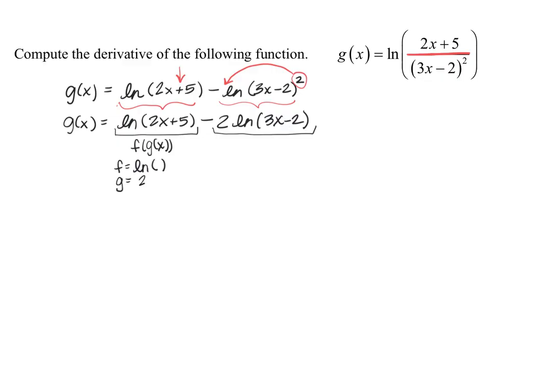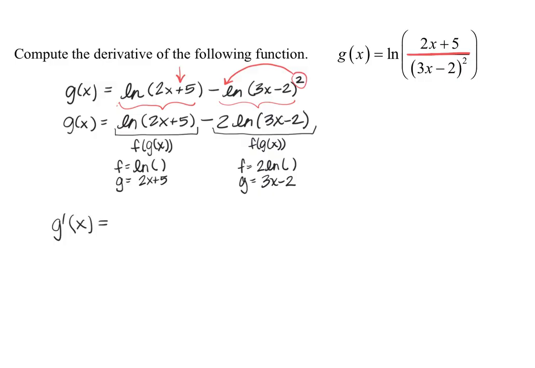And then my inner function will be 2x plus 5. My second function here, once again, which is also a composite function, my outer function is 2 times the natural log of x. I'll write that as the natural log of something. And my inner function will be 3x minus 2.